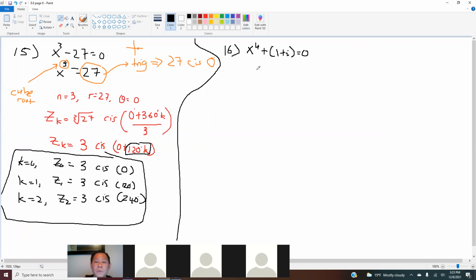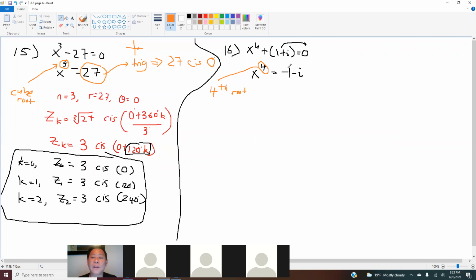So I'm going to move this over here. So x to the fourth in this case is going to be -1 minus i. I'm going to move this whole thing, the whole parentheses, to that side, kind of separating the x and the non-x. Again, because this is fourth, we will be doing the fourth root here.